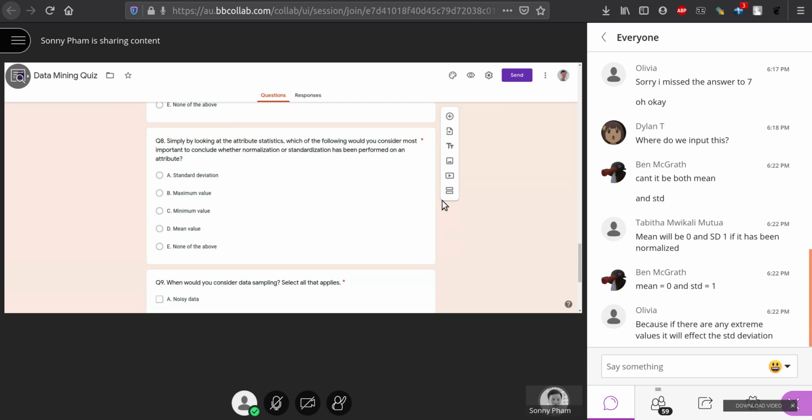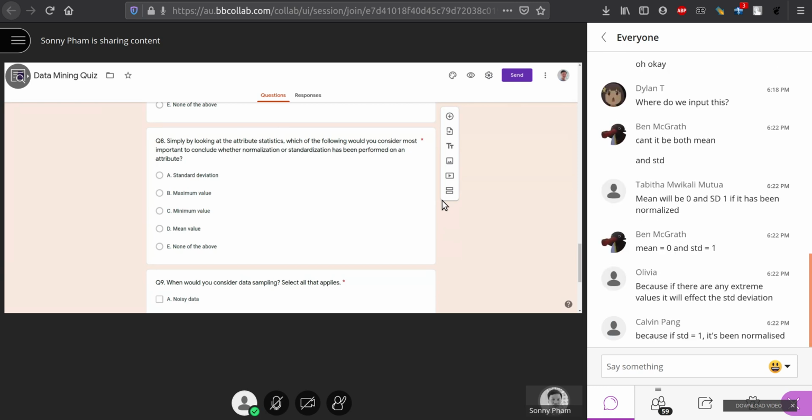Some people might choose the maximum value, but the maximum value is really hard. It might not work all the time. It might fail sometimes, depending on the distribution.